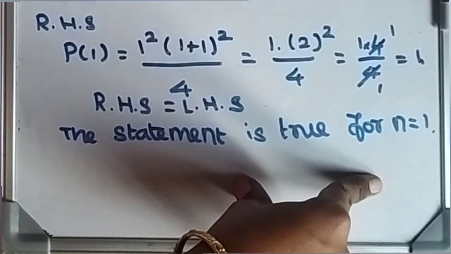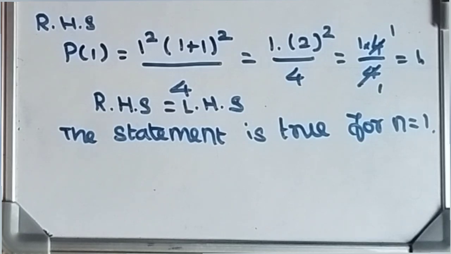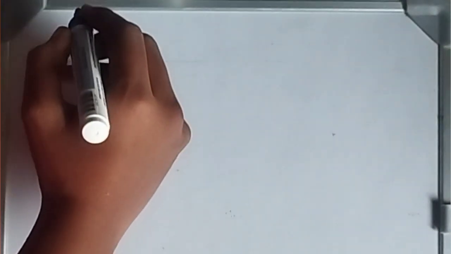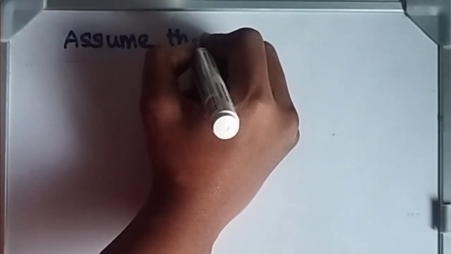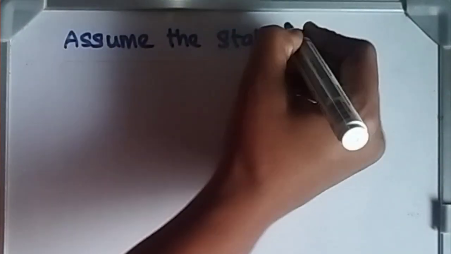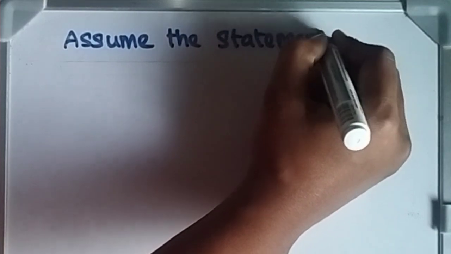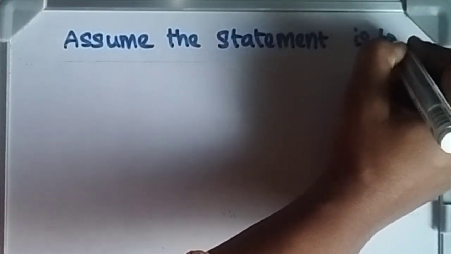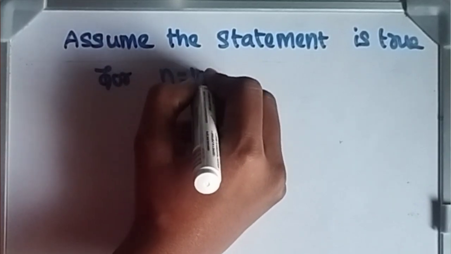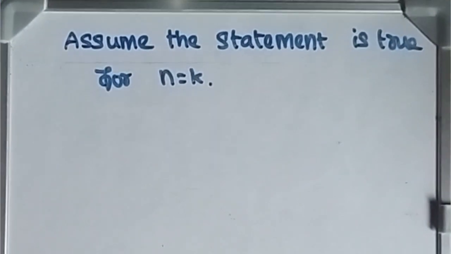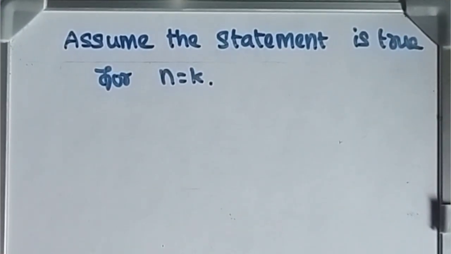So what is the next step? The next step is we are going to assume the statement is true for n equals k. See, we already found the statement is true for n equals 1.